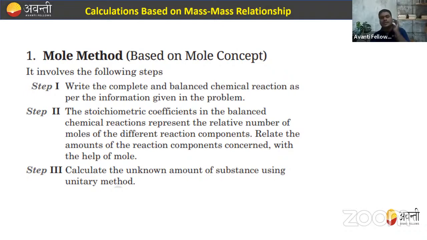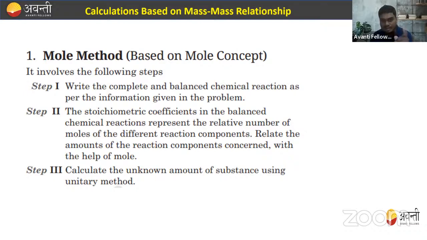The second one is that the stoichiometric coefficients in the balanced chemical reaction represent the relative number of moles of the different reaction components, right? Relate the amount of the reaction component concerned with the help of the mole. What does that mean? That is, convert to the relative number of moles of the different reactant components and relate the amount of the reaction component concerned with the help of the mole.